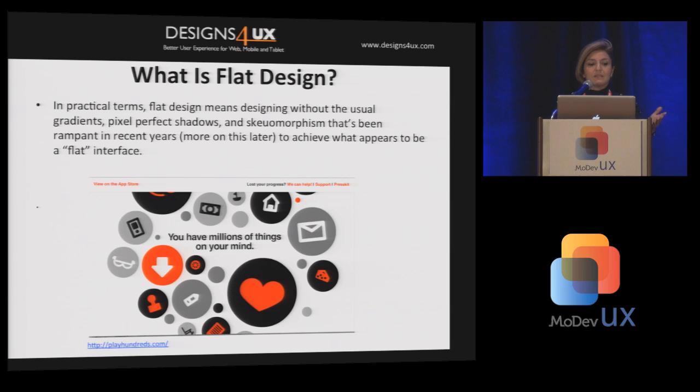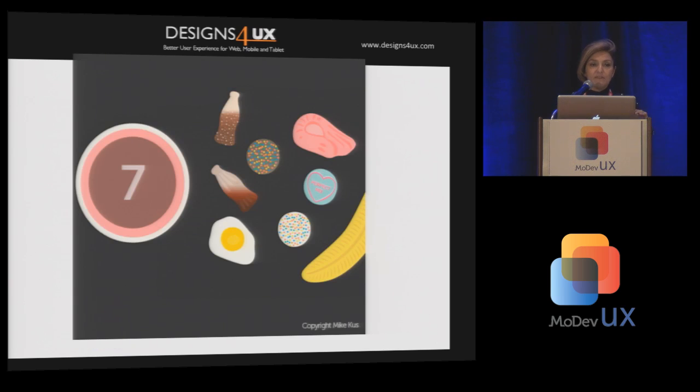But what is flat design? In practical terms, flat design means designing without gradient, without shadow, without embossing, or any ornament that makes a little bit more noise in it. We are dealing with two-dimensional design that, even when using gradient, is as minimal as possible to show what the objects are all about.